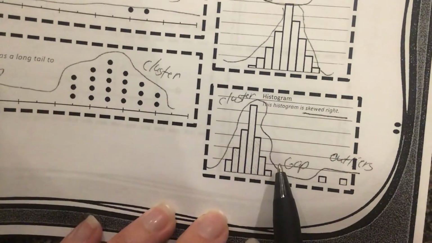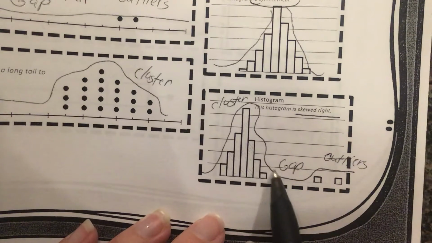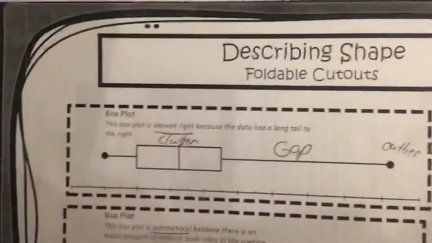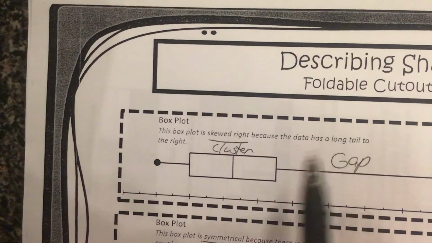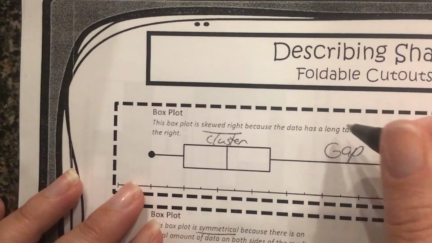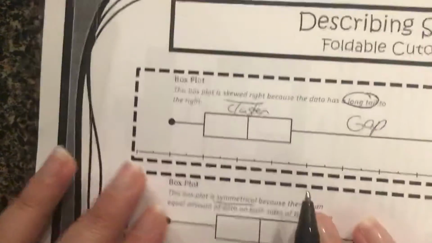Here's a histogram that is skewed to the right, where you have a cluster, a gap, and then outliers. Go to the next page. Here's what your box plots look like when they're skewed. Again, we're looking for the tail. Wherever the tail is, that's the side that it's skewed on.